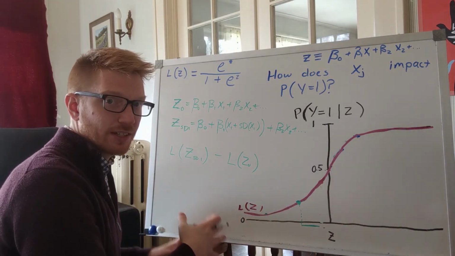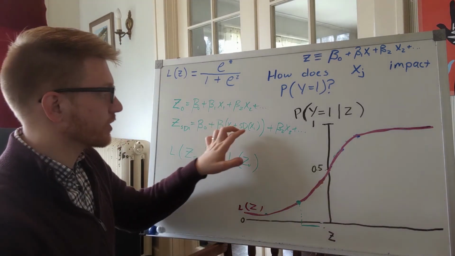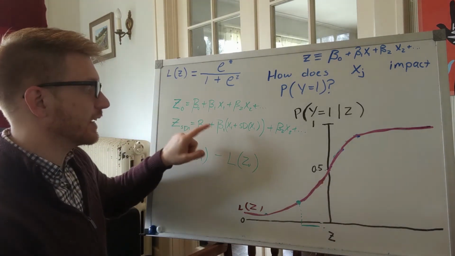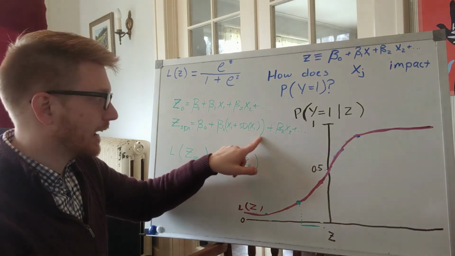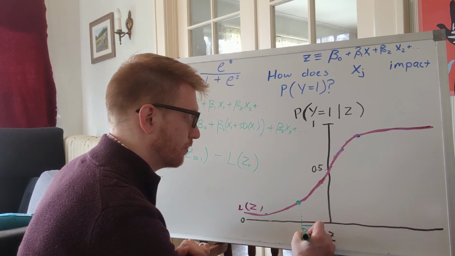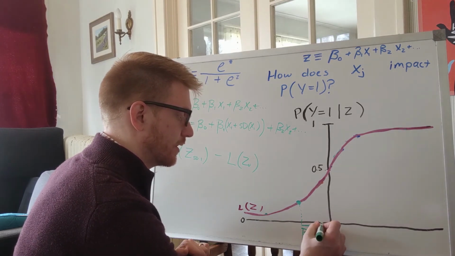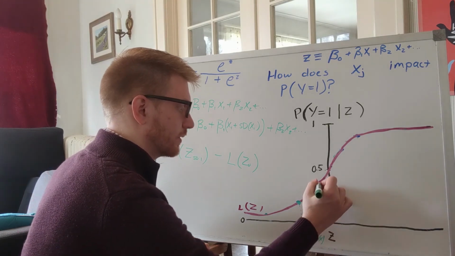We're decreasing the probability. If beta is positive, we're moving to the right. Because our full movement in z is beta 1 times the standard deviation of x. Beta 1 times the standard deviation of x. That's our movement.